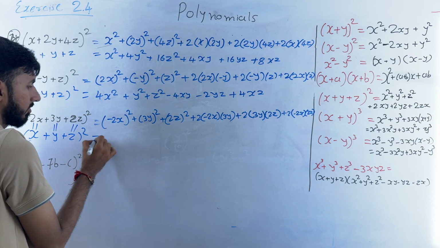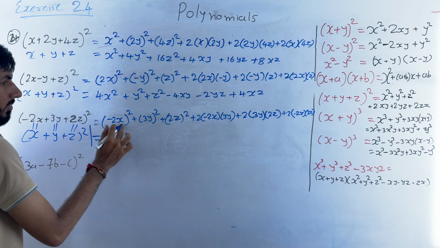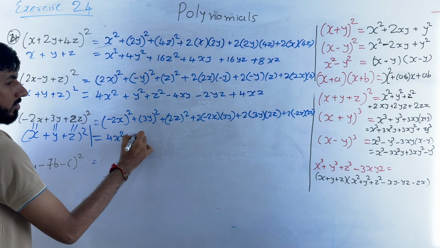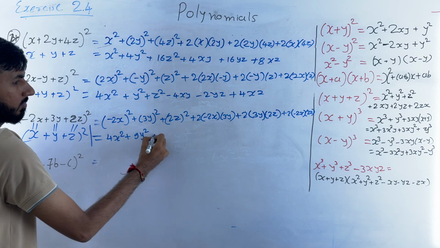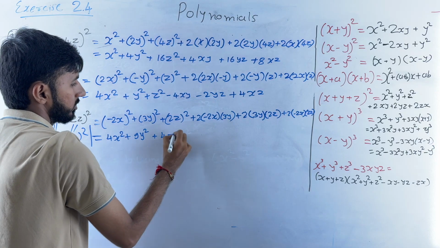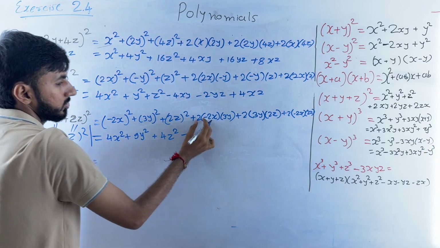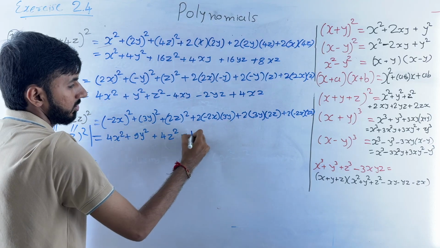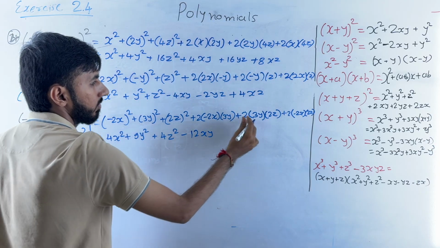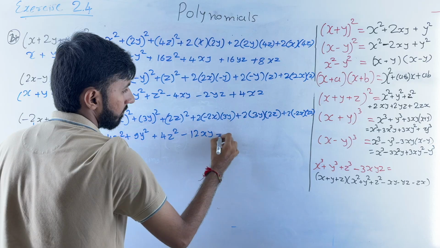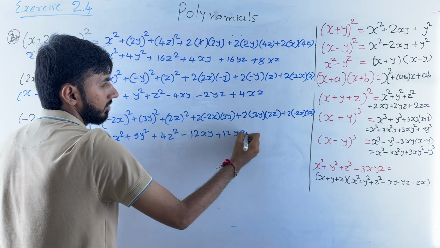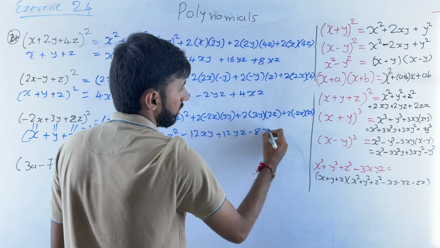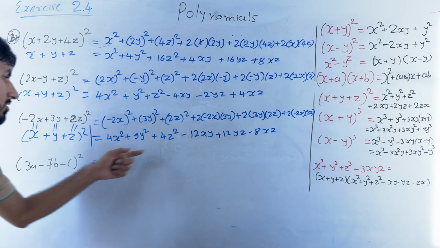So my final answer will be minus 2x square, that means 4x square plus 3y square, that is 9y square plus 2z square, that is 4z square, plus, sorry, I have to write minus here, minus 2 into 2 into 3, 12xy, then 2 into 2 into 3, 12yz, then I have 2 into 2 into 2, that is 8xz, right? So this is my answer.